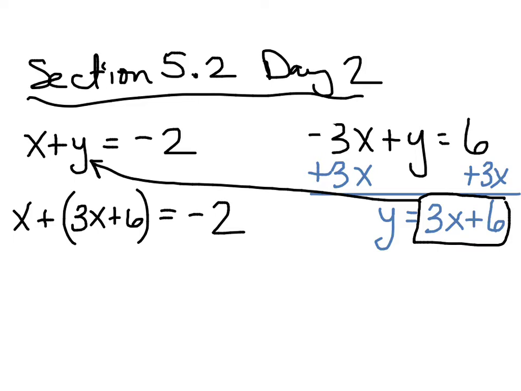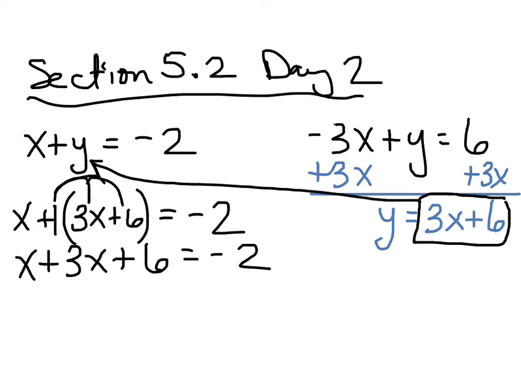Okay, now, if there was a number in front of this parentheses, I would distribute it in, or if you want to think of it as a 1, distribute that in there. Combine like terms, what's 1x plus 3x? 4x. 4x plus 6 equals -2.